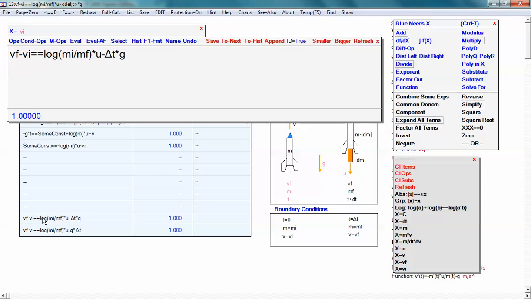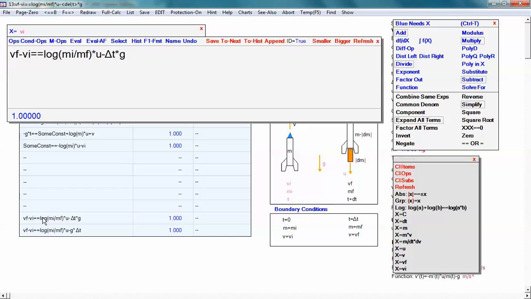Formulas are the same. So this says then that in order to compute the change in velocity, you have to look at the log of the initial mass compared to the final mass times u. That's the propulsive velocity.